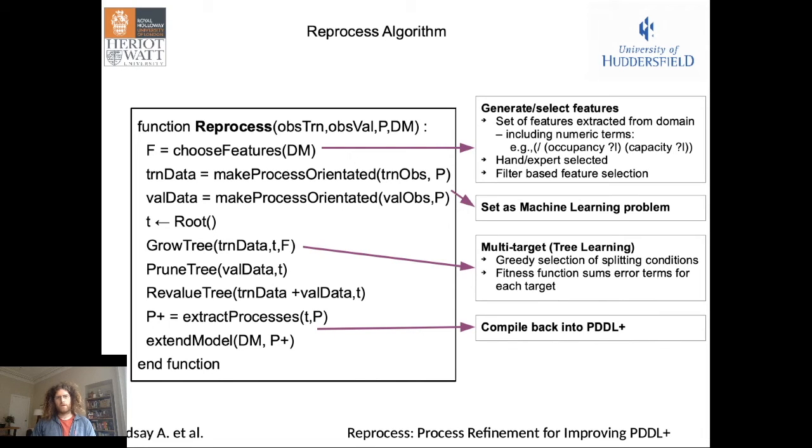We test both. And then we set the problem as a machine learning problem, and in this case it's multi-targeted, so for each of the effects of your process we learn a different refinement factor. We're going to use tree learning, and then we're going to try and compile that model back into PDDL+.